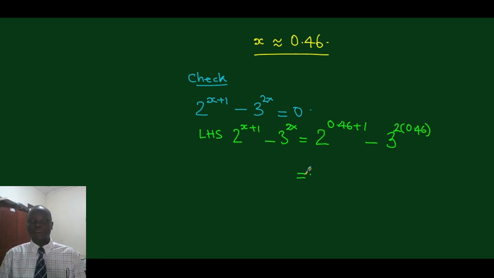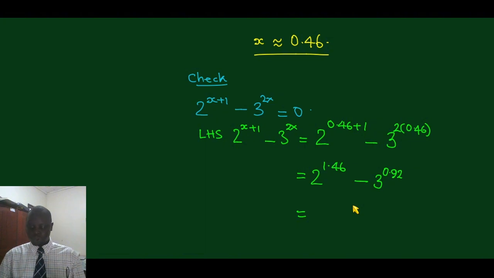Now let's simplify what we have here. This one goes to 2 exponent 1.46 minus 3 exponent, if you multiply 2 and 0.46, we have 0.92.